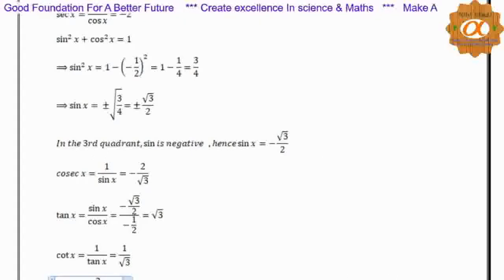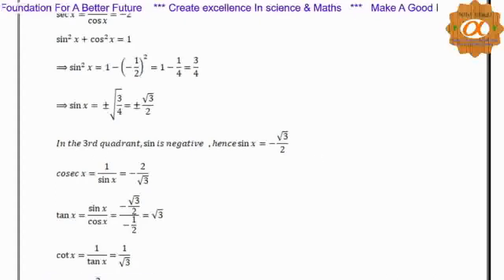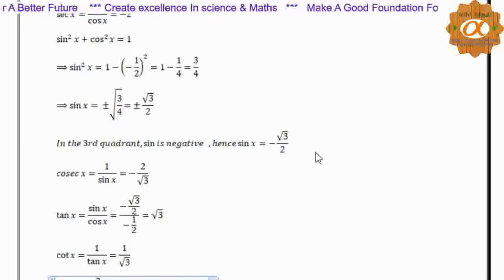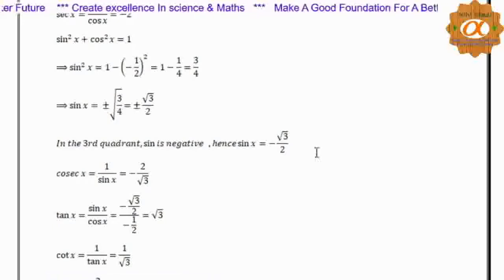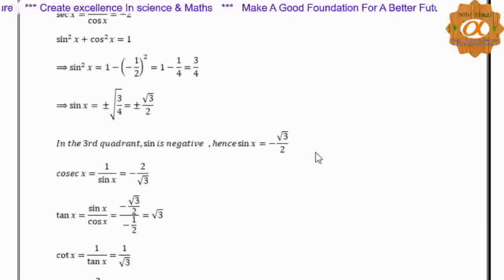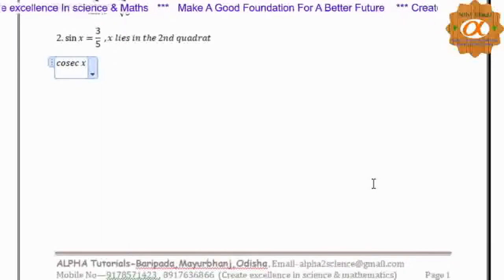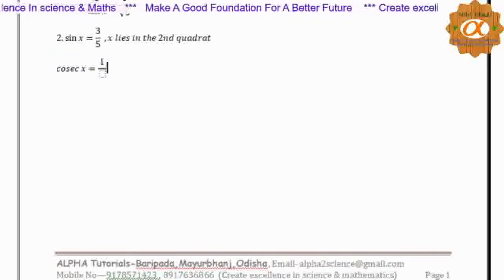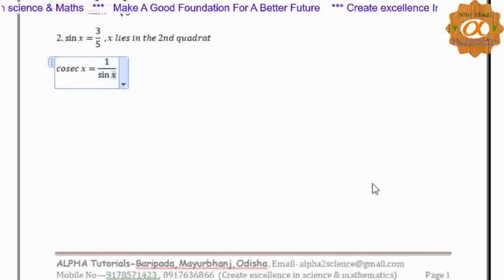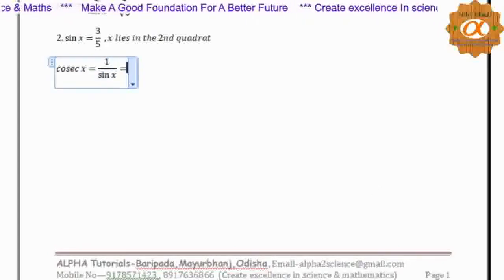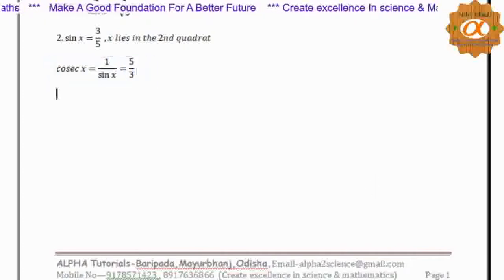x lies in the second quadrant. Similar question. Now, we know that cosec x is the reciprocal of sin x. Again, same process. So cosec x is the reciprocal, that means it is 5 by 3.